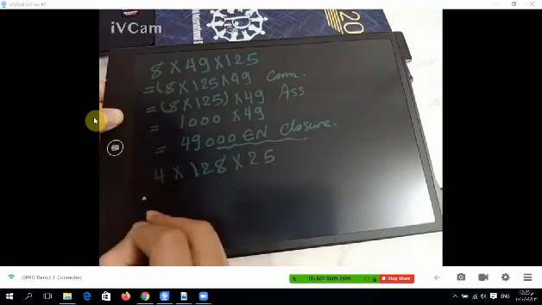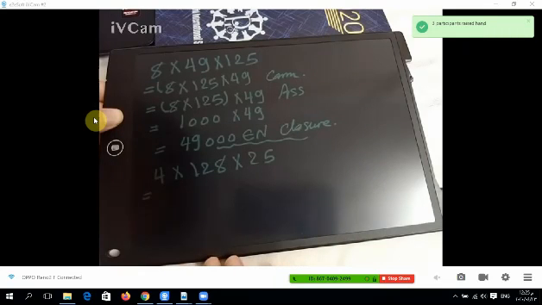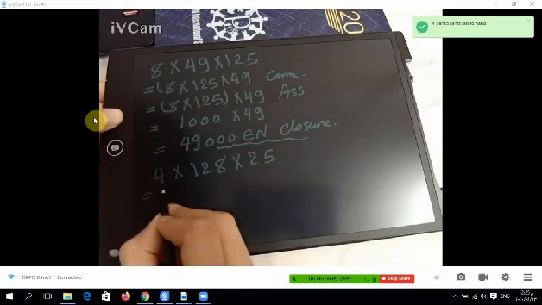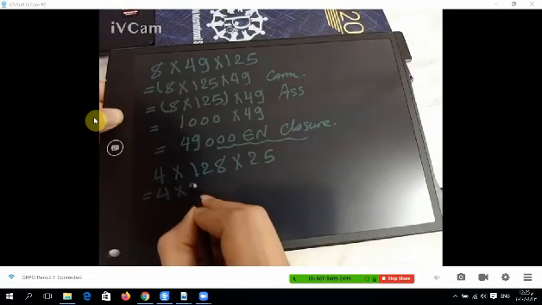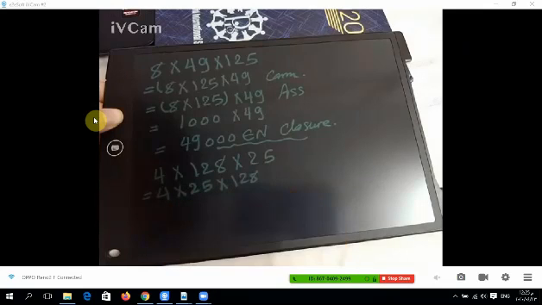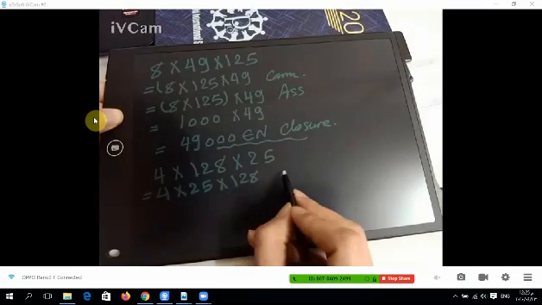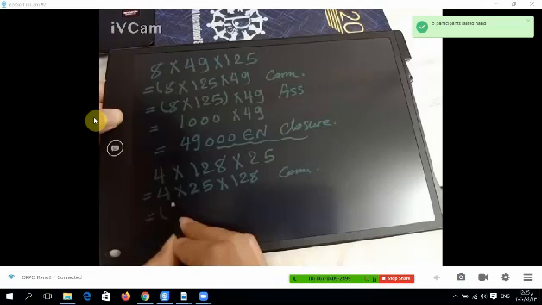Okay, who can make it? Yes, Adham? Okay. 4 multiply 128 multiply 25. We will bring 4 beside 25. So it will be 4 multiply 25 multiply 128. And this is commutative. And we will put 4 multiply 25 in brackets.